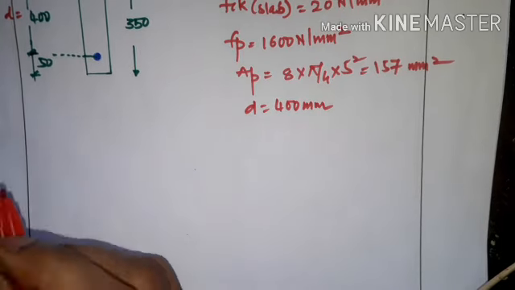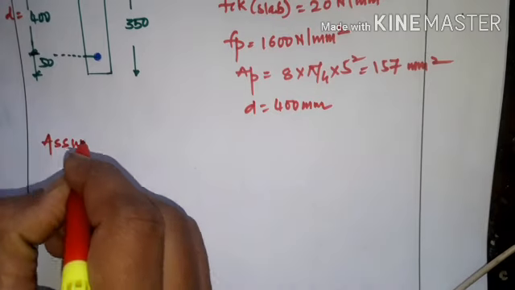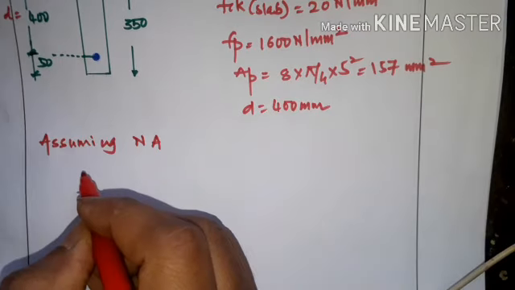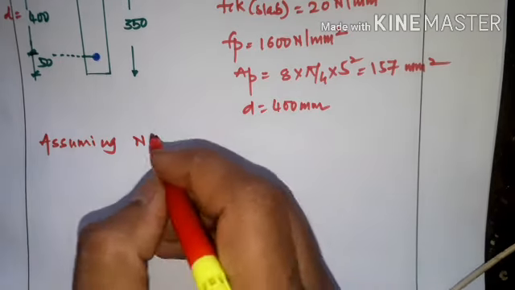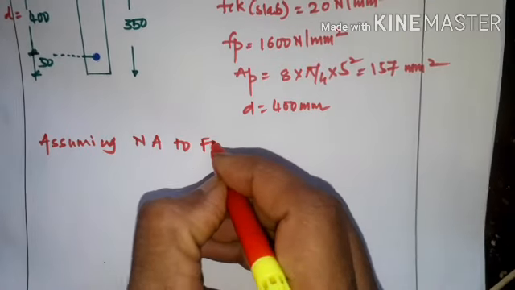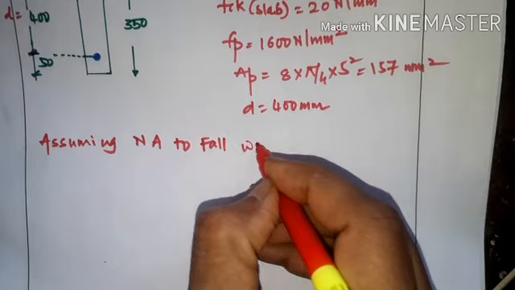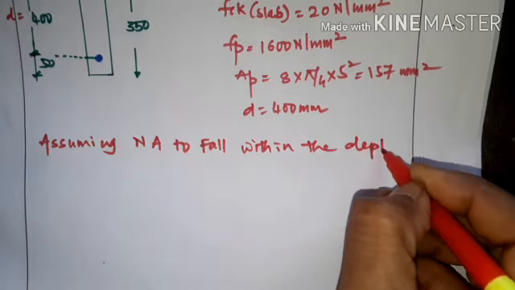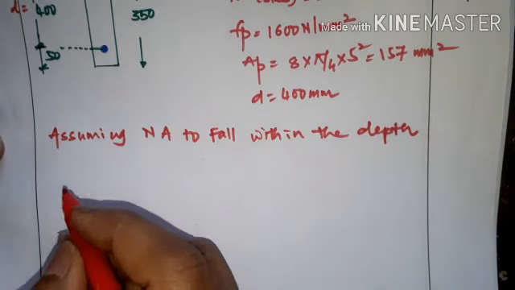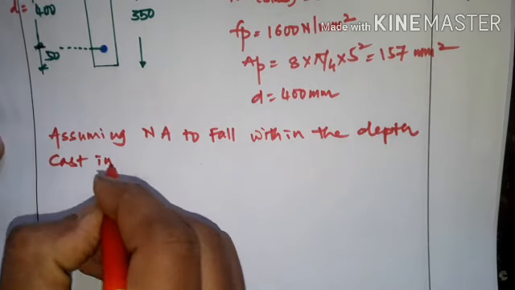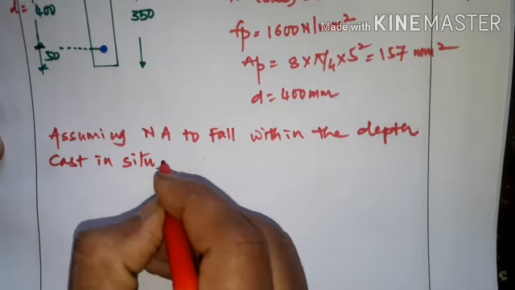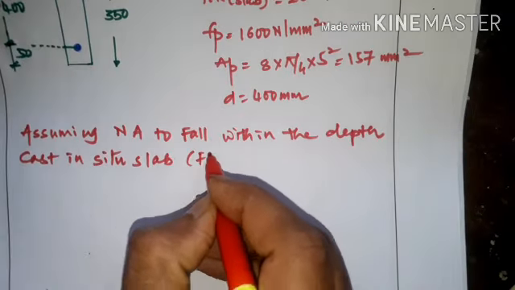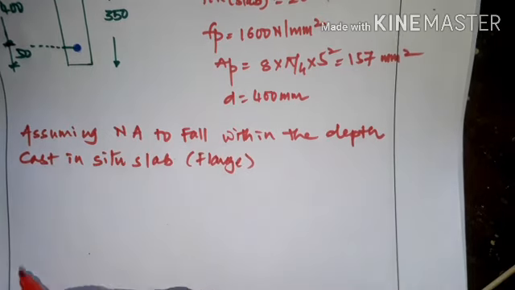So assuming the neutral axis to fall within the depth of the cast in situ slab, which is nothing but the flange. So write flange. It's nothing but flange.